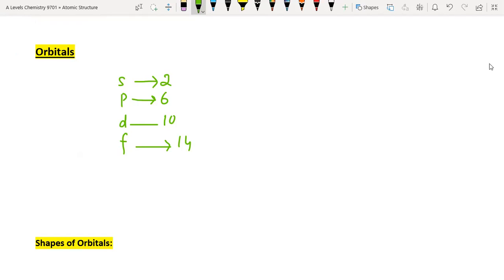Shape of the orbital can be discussed on the basis of their size and structure.